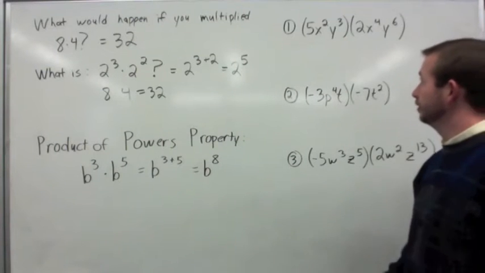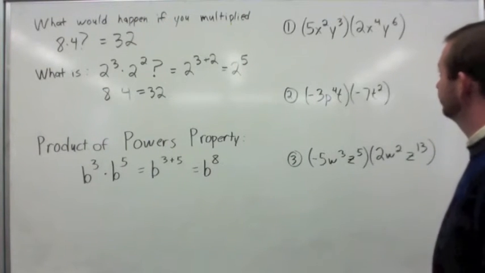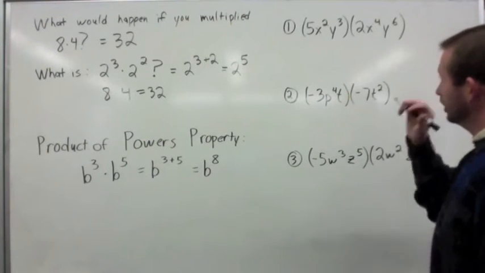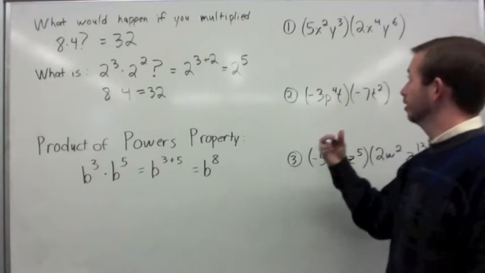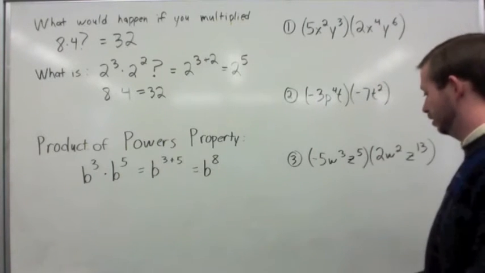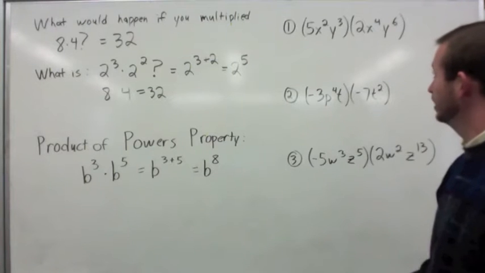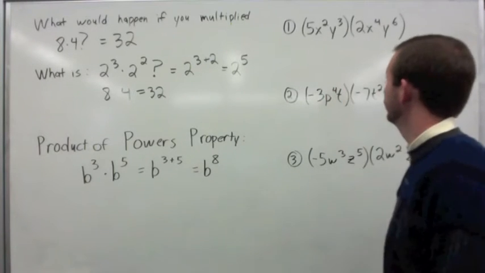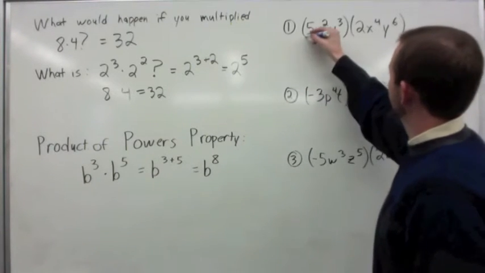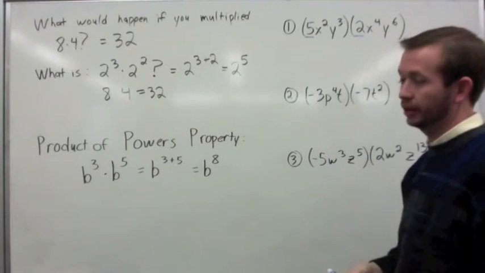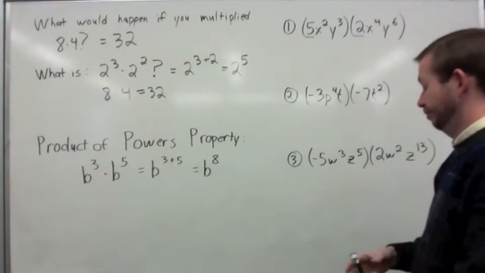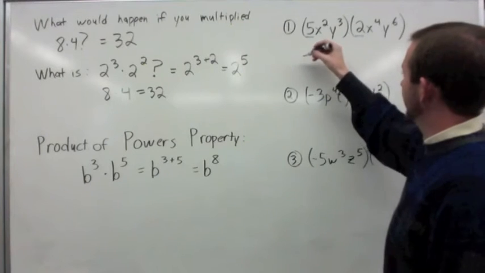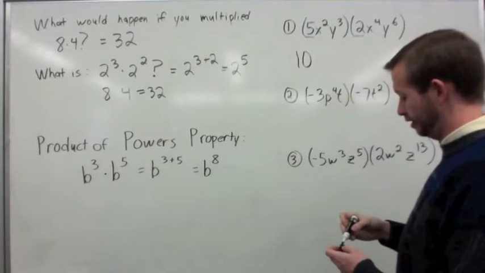So we're going to run through a few examples and see if we can understand this. Just like Ms. Kochan was talking about like terms, we're going to apply that here. What does 5 have in common? What is it common with? Well, 5 is common with 2. So 5 and 2 are going to kind of go together. What is 5 times 2? It's 10. Well, and then we're going to do that with the x's.